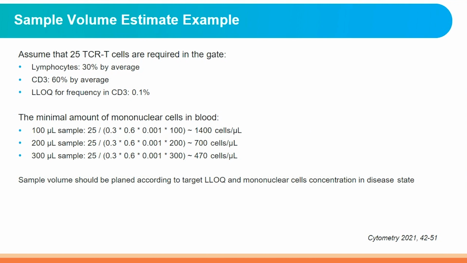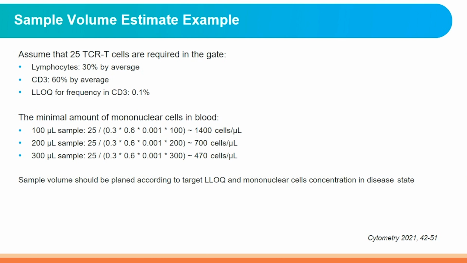in assay development. For example, let's assume 25 TCR T cells are required in the gate, and on average, there are about 30% lymphocytes in the blood mononuclear cells. And there are 60% of CD3 T cells in lymphocytes.